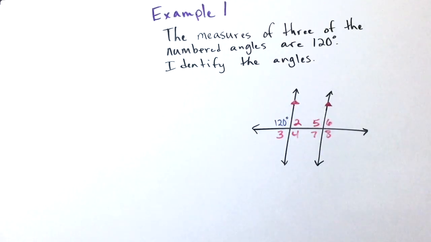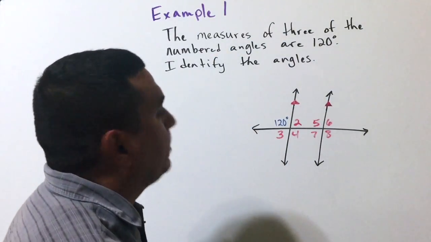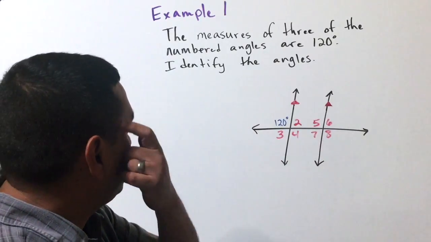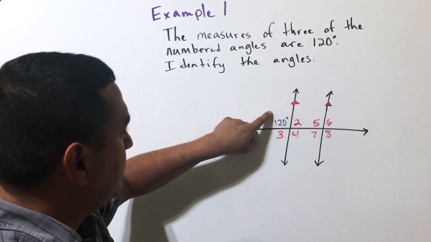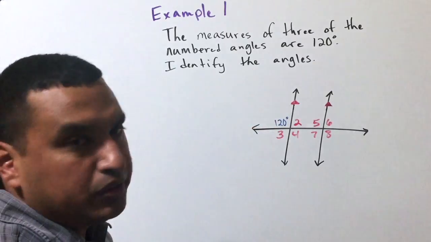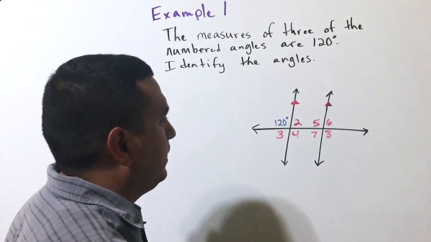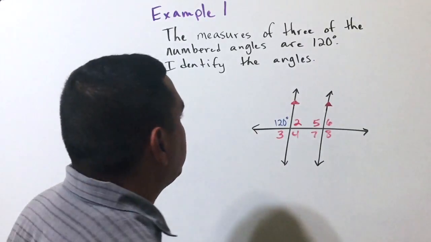Okay, example 1 says the measure of 3 of the numbered angles are 120 degrees. Identify the angles. So we have two parallel lines intersected by a transversal, and I know this angle up here on the left is 120 degrees. We need to find out which other angles also have that 120 degree measure.